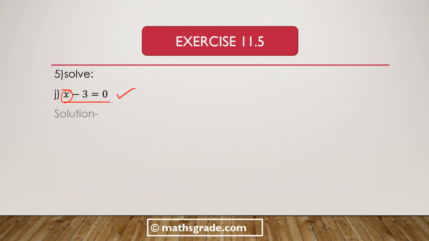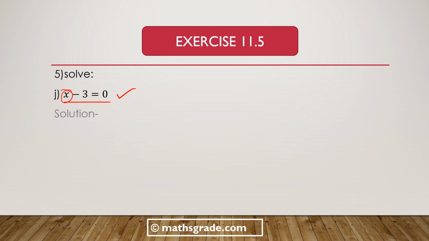Minus 3, here the subtraction operation is given, so we have to add 3 on the left hand side, because subtraction is the reverse operation of addition, and addition is the reverse operation of subtraction. Both are reverse operations of each other. As we add 3 on the left hand side, we have to add 3 on the right hand side also to balance the equation.